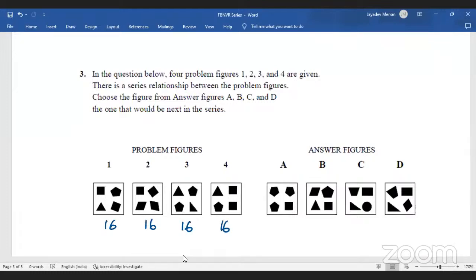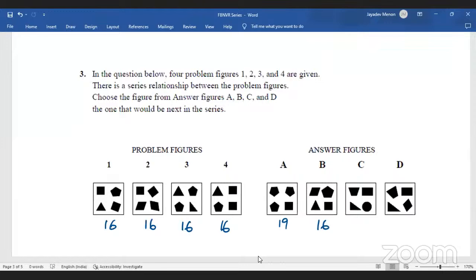Now coming to the answer figures. For option A, we have 3 pentagons and 1 quadrilateral. The total number of sides here is 19. In option B, we have 2 quadrilaterals, 1 pentagon and 1 triangle. So 4 plus 4, 8, plus 5, 13, plus 3, 16 sides.